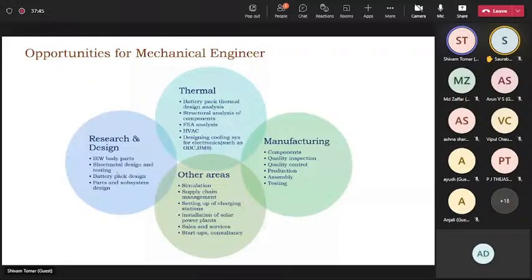Designing cooling systems for electronics: we know that controllers also heat up during working. So just like the engine, we also have to provide some cooling to the controllers and the motor.